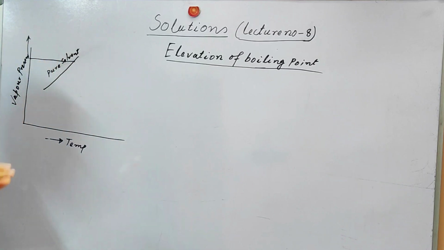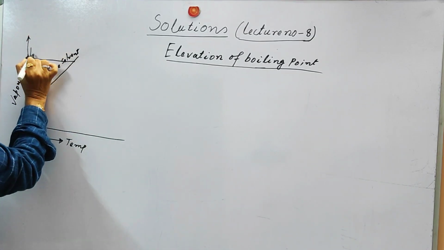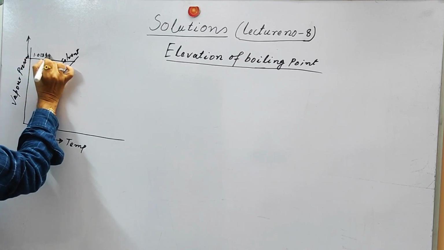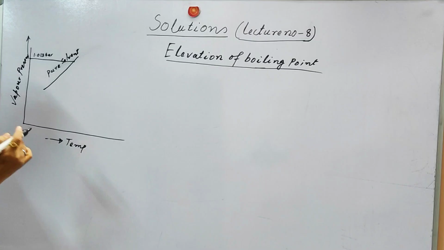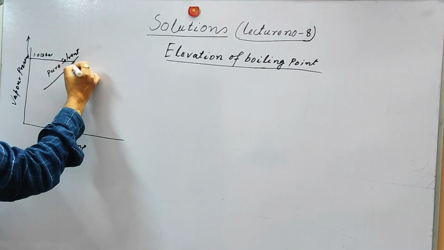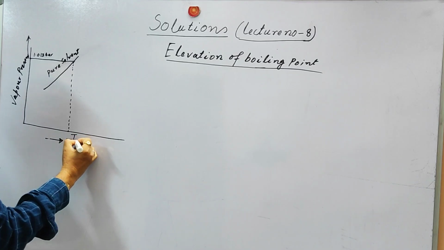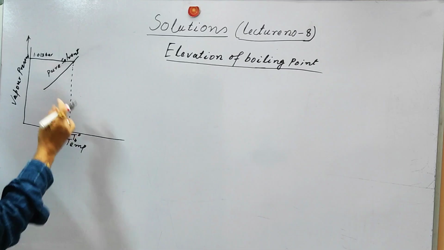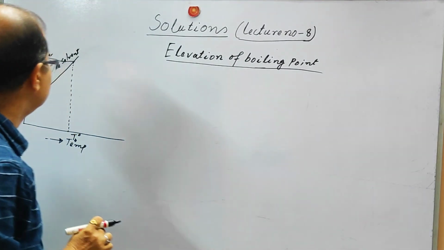When the vapor pressure of the pure solvent is equal to the atmospheric pressure, and that is 1.013 bar, 1 atmospheric pressure is 1.013 bar, at that time the temperature, in this case suppose it is TB0, it is the boiling point, the boiling temperature of this pure solvent.